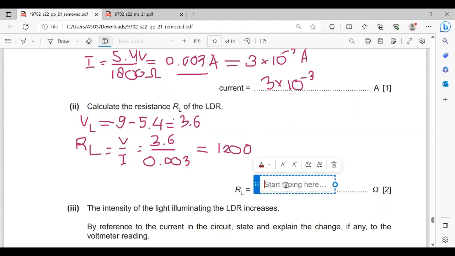So the solution here is 1,200 ohms. The unit of resistance is ohms.